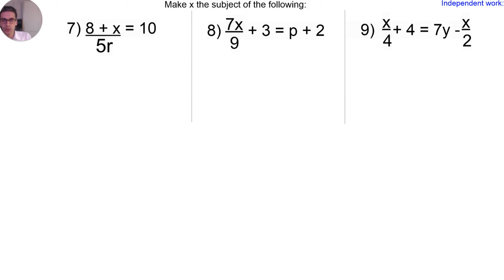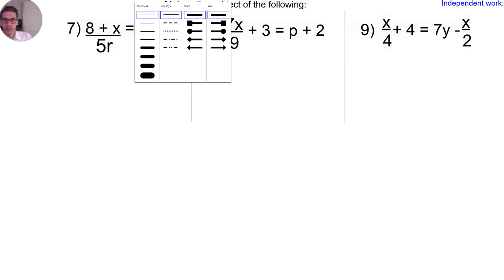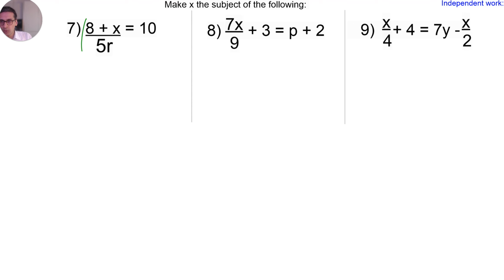So first of all, we are going to look at question 7. Now I'm going to multiply both sides by 5r. And that's going to give me, these will cancel out, so I'm going to be left with 8 plus x equals 10 times 5r is 50r.